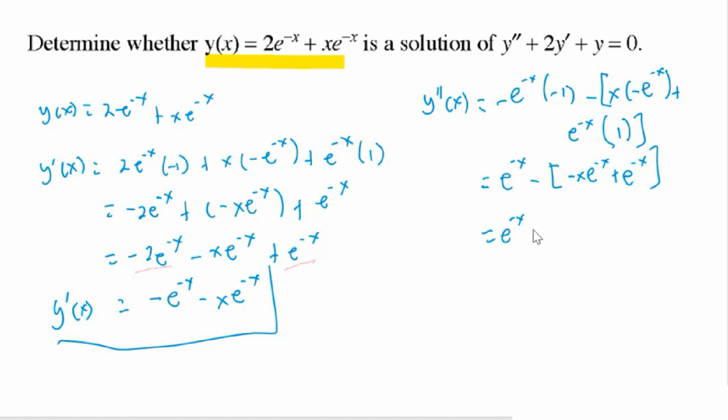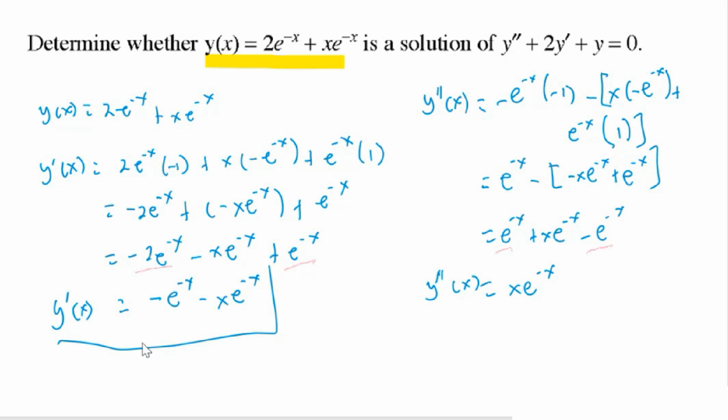Negative times negative is positive, so we have x e to the power of negative x, and negative times positive, we have negative e raised to negative x. Simplifying, there is an additive inverse, so that will be cancelled. The remaining answer is x e to the power of negative x. So this will be our y double prime, or the second derivative of the given.